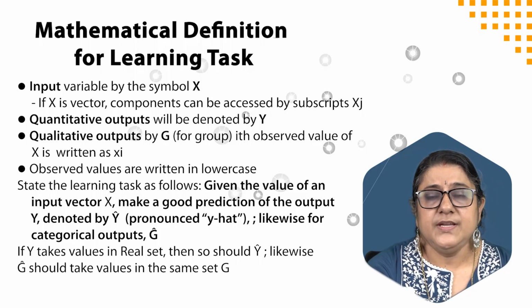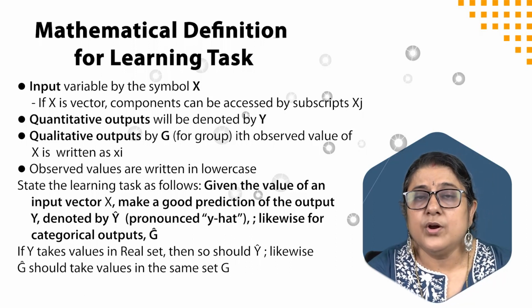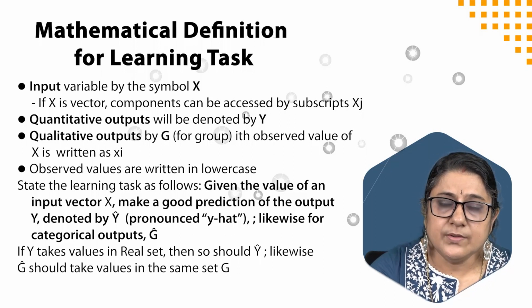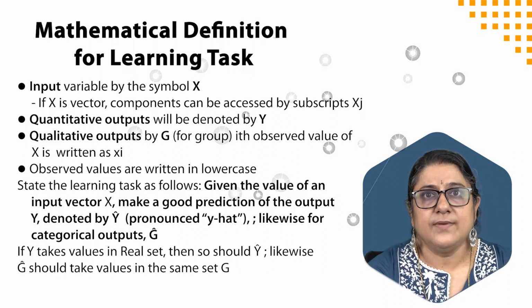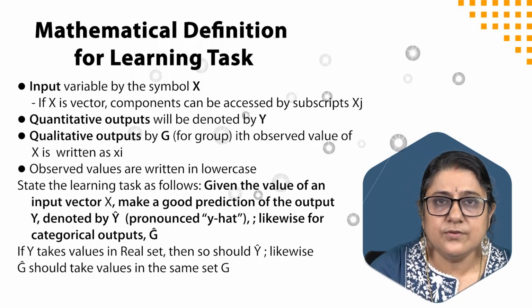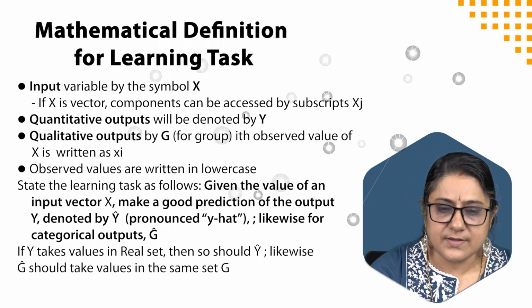The real one is y, the actual one, and when the model tries to predict, we say it is y cap. The expectation of the model output y cap is that it should be equal to y. So the prediction should be equal to the actual.